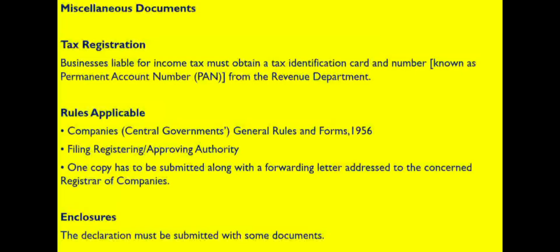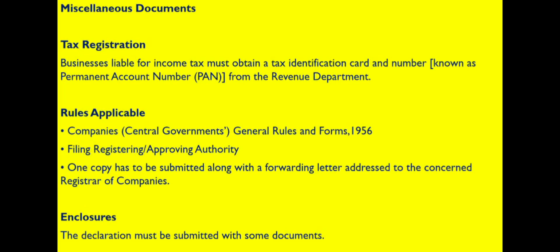Next point, tax registration. Businesses liable for income tax must obtain a tax identification card and number, which is known as permanent account number, from the Revenue Department. In addition to this, businesses liable to withhold tax must necessarily obtain a tax deduction account number, which is TAN.